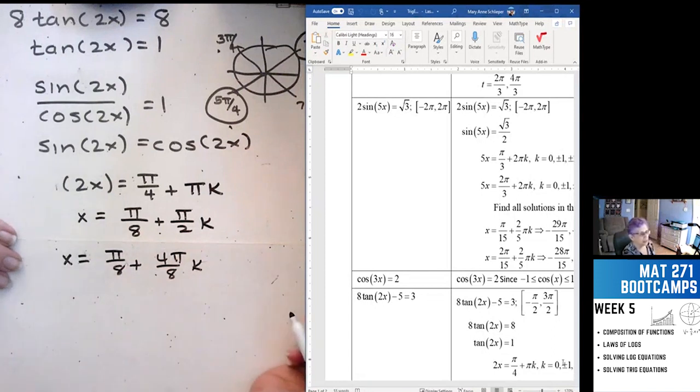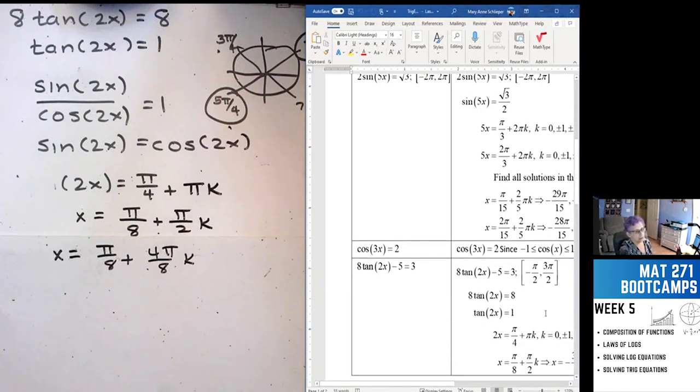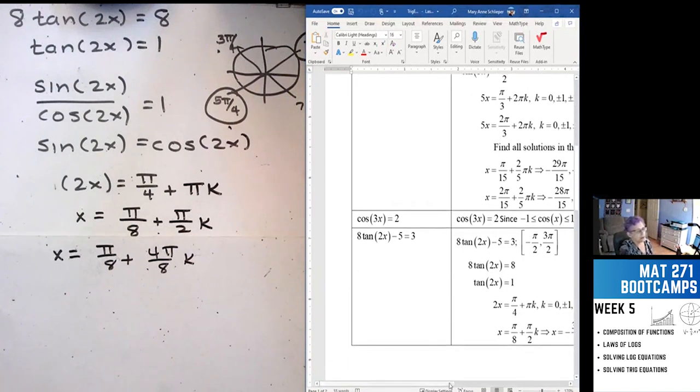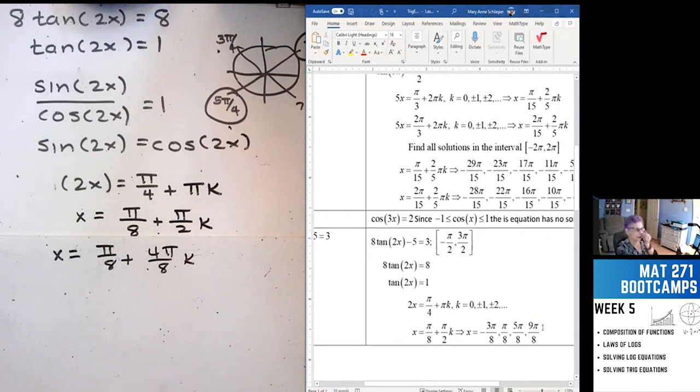And I need to find the answers that live between -pi halves and 3 pi halves. So I just subtract and add until I get them. And I end up with -3 pi over 8, pi over 8, 5 pi over 8, and 9 pi over 8. And if you added another 4 pi over 8, you would get 13 pi over 8, which is bigger than 3 pi halves.